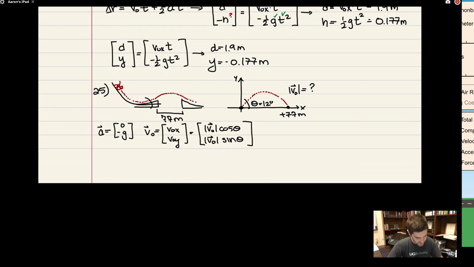And you could ask, why is that more helpful? Because if we look at the original form, these are two variables that I don't know, two different variables that I would have to figure out, compared to the way I wrote it on the right, where I know the angles. So I actually know cosine and sine, and there's only one number, the speed, that I don't know. So it reduces the number of variables I had to solve for.